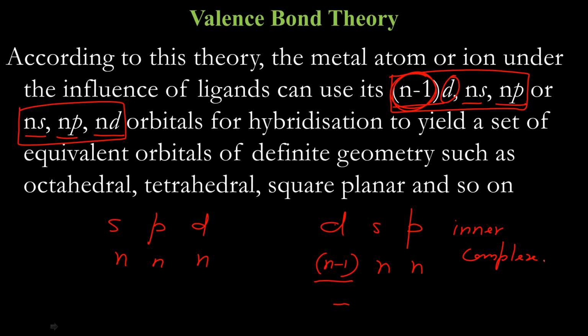The question sometimes is asked: why only these combinations? Because these are degenerate orbitals. Degenerate orbitals have equivalent energies. So only those orbitals take part in hybridization which have almost equal energy, and those orbitals are known as degenerate orbitals.